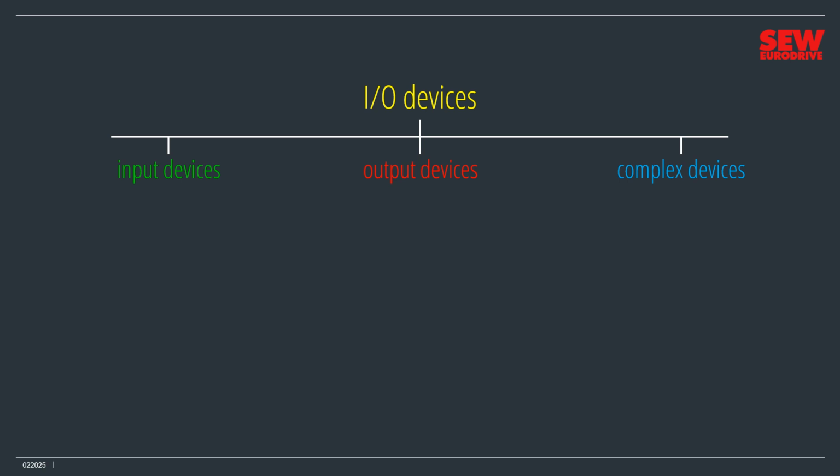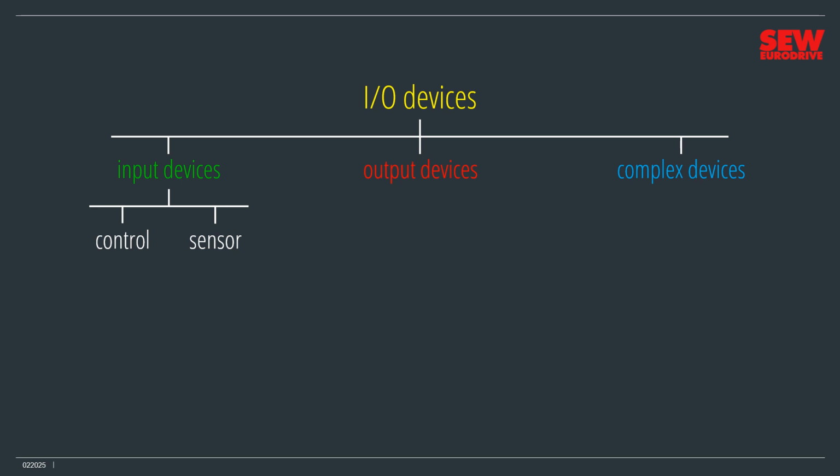Input devices split into two more categories: control devices and sensor devices. A control device makes something happen, like a machine's start button. Sensor devices report information, like a box on a conveyor passing the sensor.